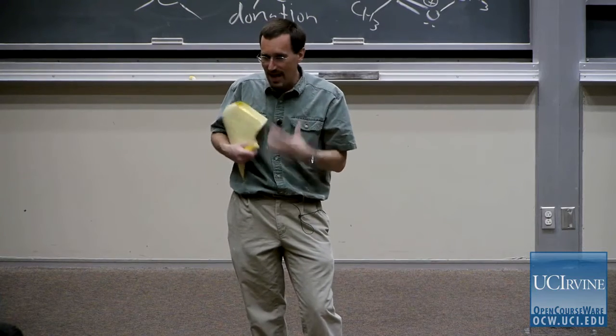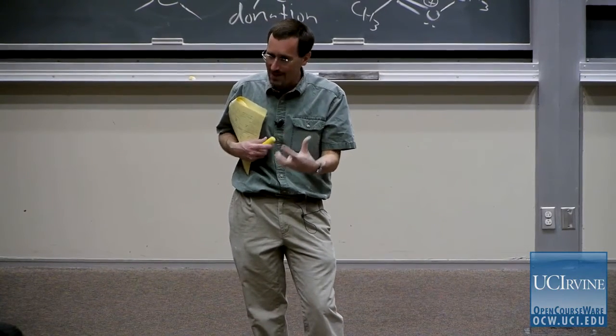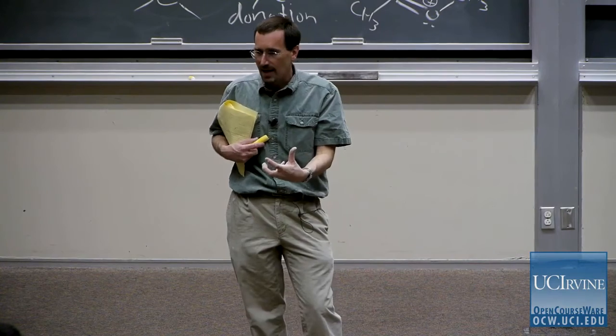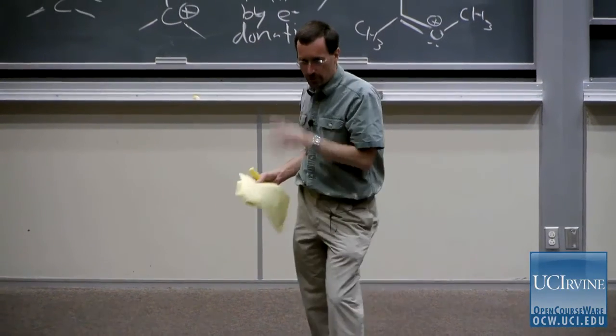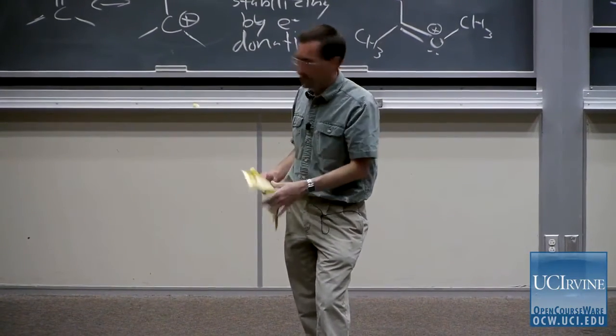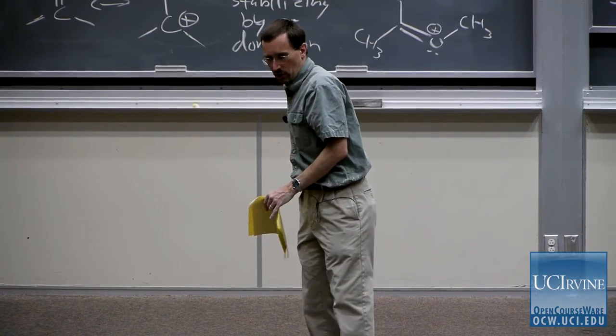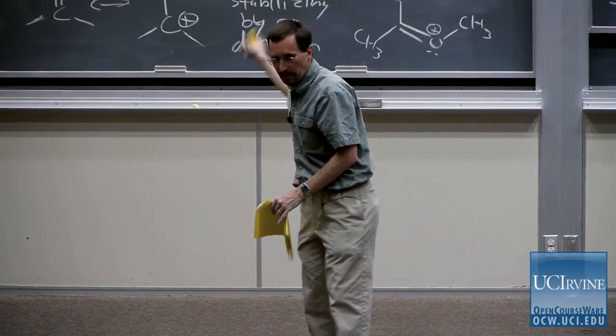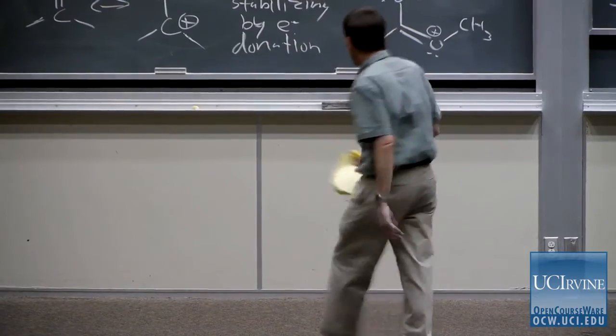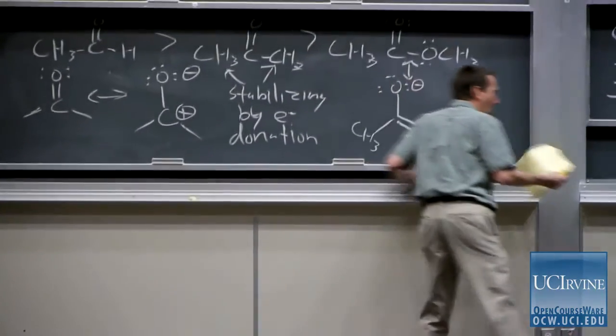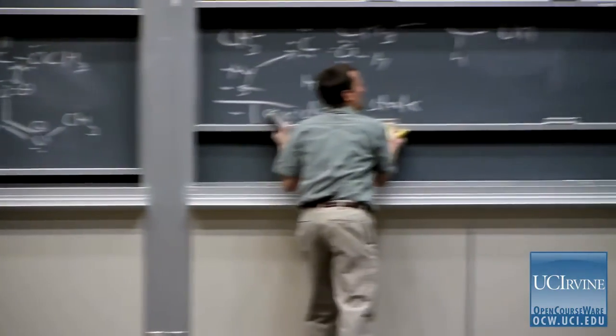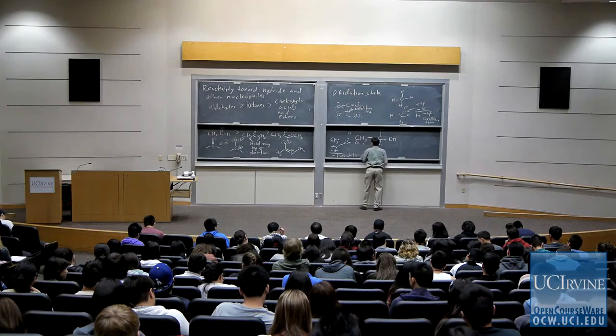But the one that wins out in terms of being more important is octet. And so in an ester, there are three different contributing resonance structures. That resonance structure is a little bit more important than the other resonance structure, but they all contribute and they all stabilize.